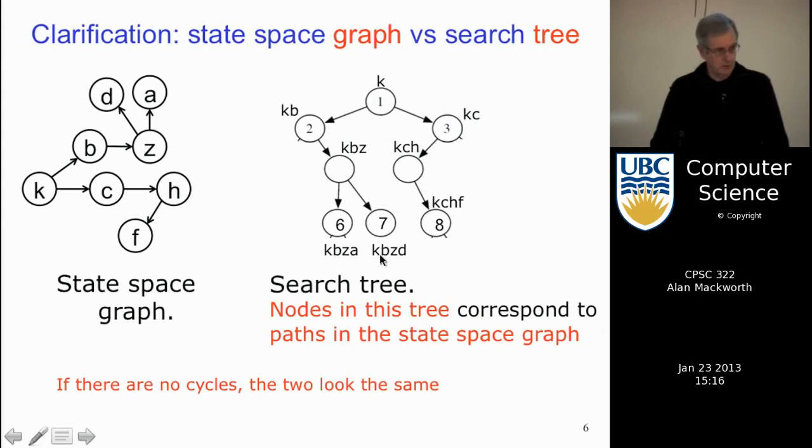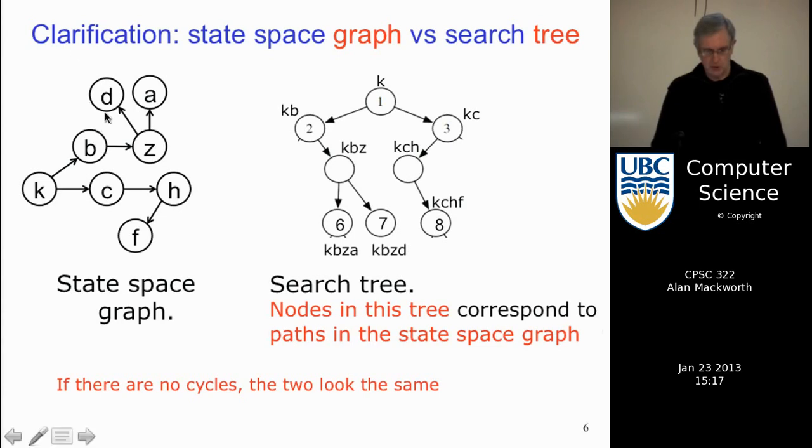No, I mean, if we have a path from B to D, can we still consider this graph is just like another tree? Oh, if you just have B to D? If there's an arc here, you mean? Yes. Oh, okay. If you have an arc from there to there, this node has two parents. It's not a strict tree, depending on how you define the notion of tree, but there are no cycles in that graph.